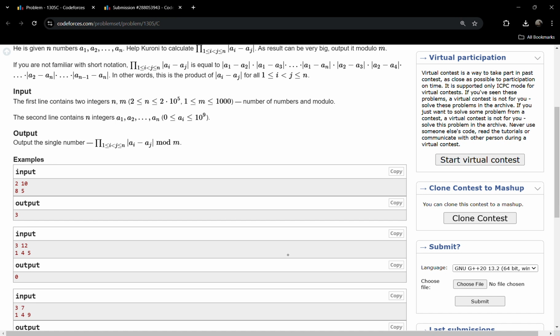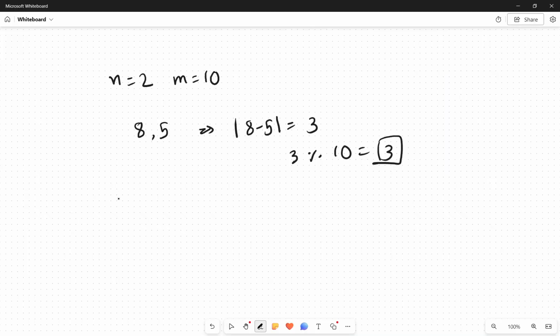N is equal to 3, m is equal to 12, and the elements are 1, 4 and 5.